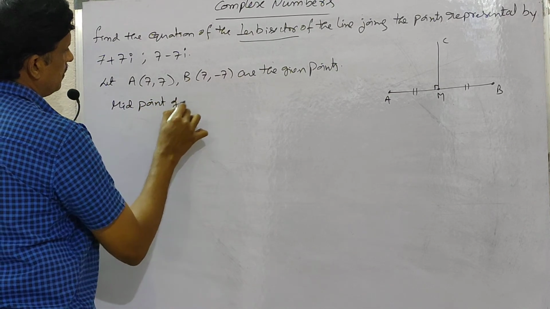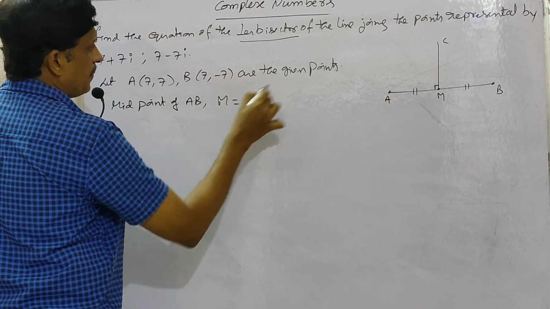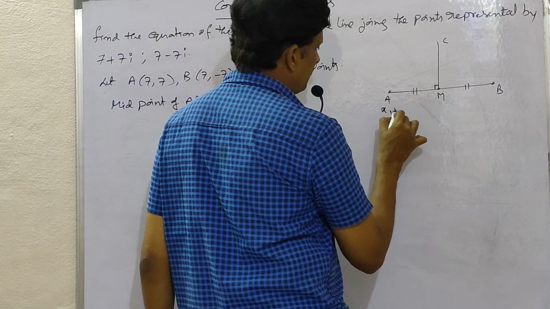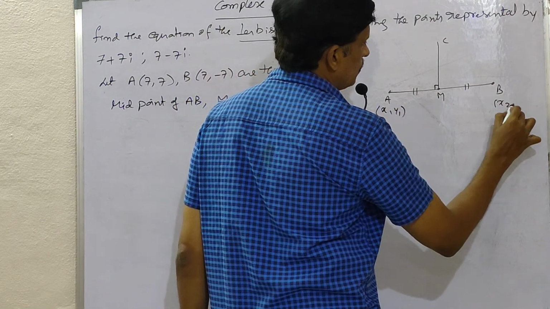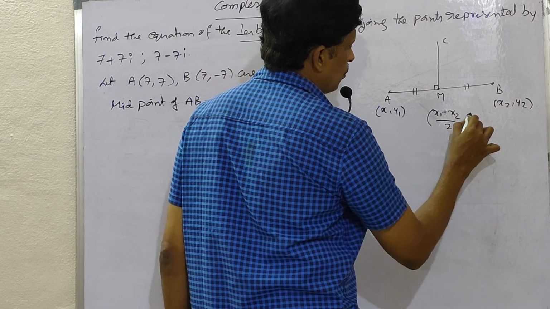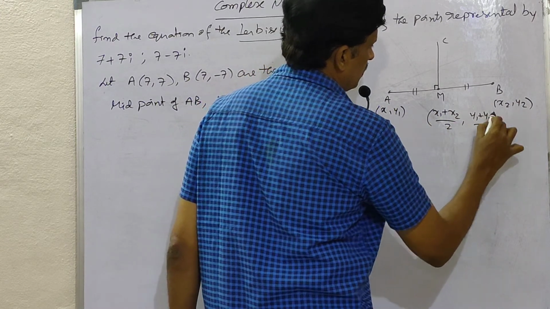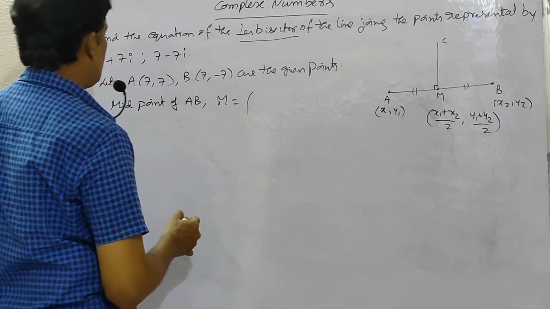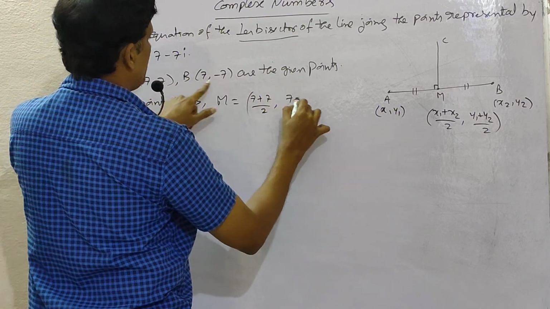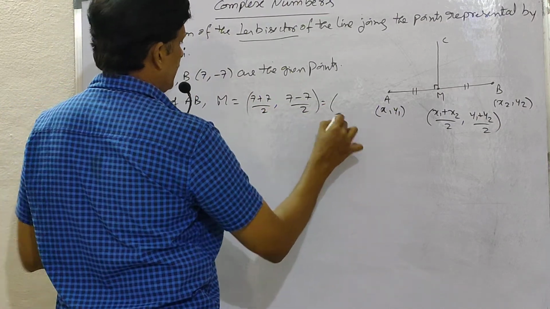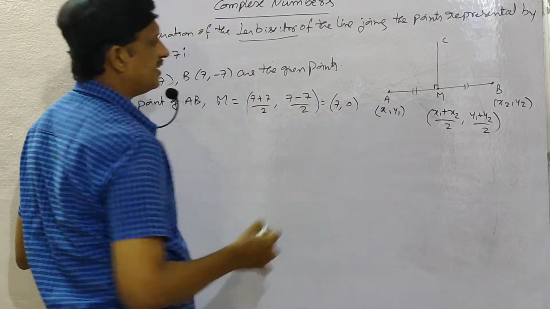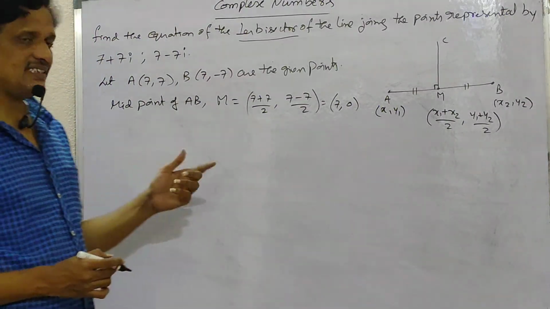The midpoint of AB, given by M here, suppose A is x1, y1 and B is x2, y2, then the midpoint of these two is given by x1 plus x2 by 2, y1 plus y2 by 2. So here that midpoint will be 7 plus 7 by 2 comma 7 minus 7 by 2. That will be 7 plus 7, 14 by 2, that is 7, and 7 minus 7, 0 by 2, that is 0. So we got this point M, that is 7 comma 0.